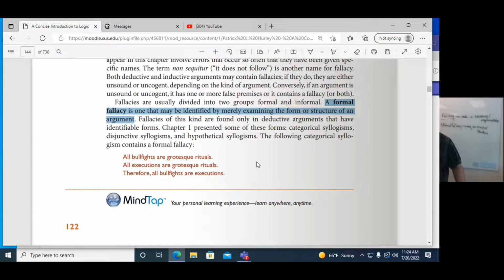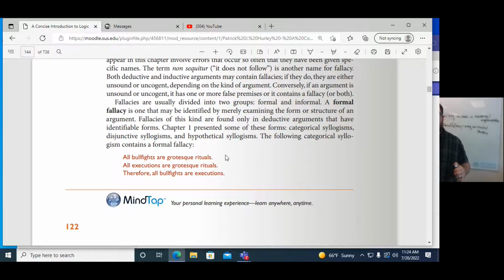And all executions are grotesque rituals. Therefore, all bullfights are executions. Now, does this look familiar to you? We called this the middle term, or at least the word at the end. I may have said to a class or two previously that you know this as the invalid argumentative structure, because look at the position of these words.